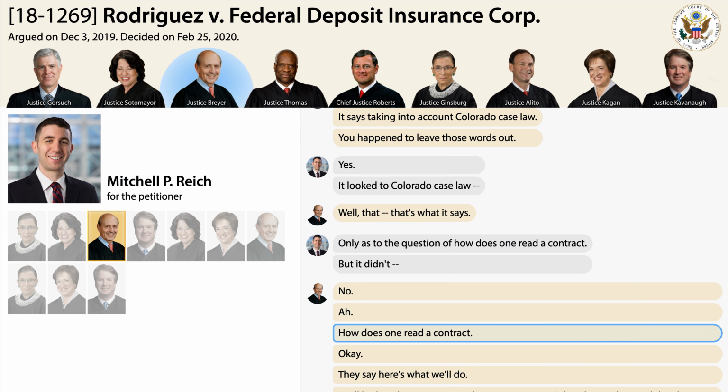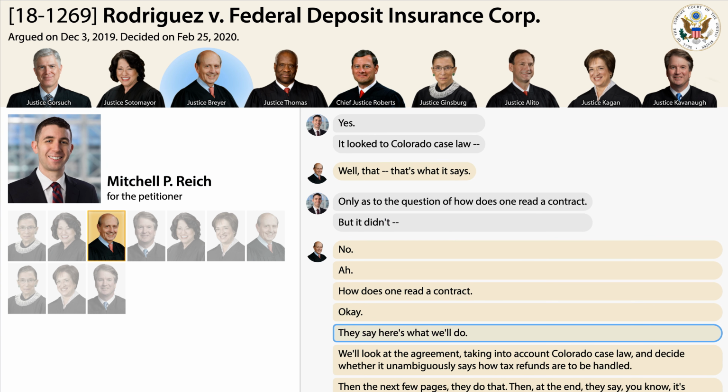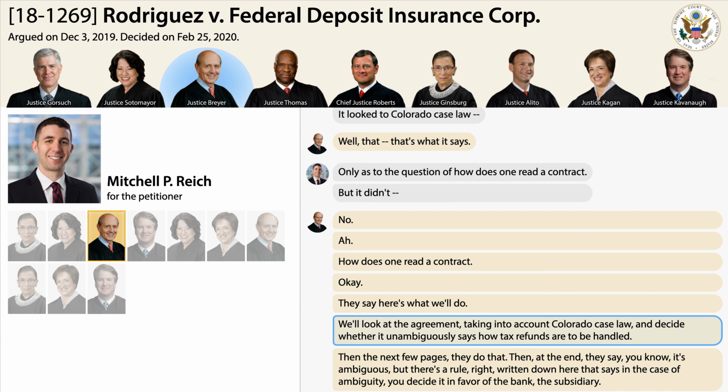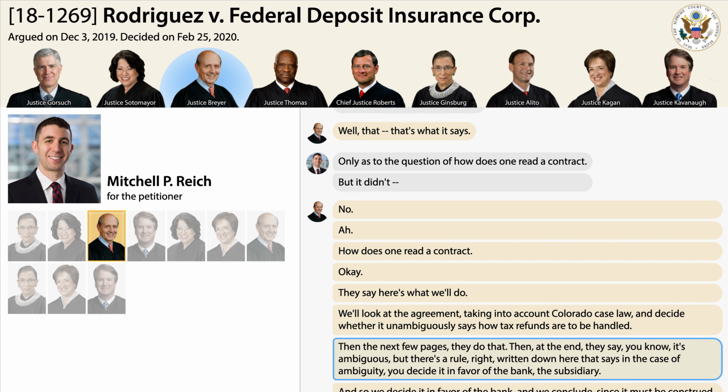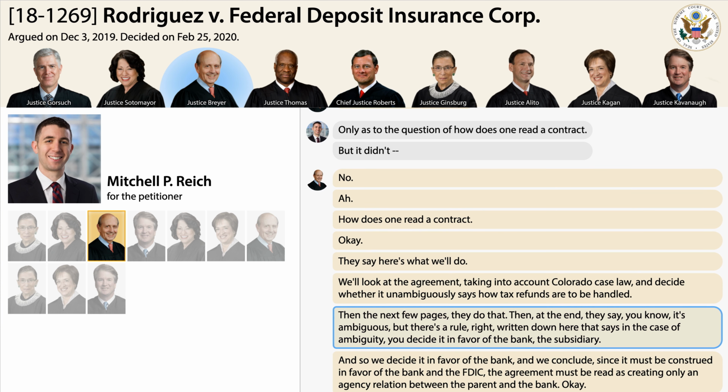How does one read a contract? Okay. They say, here's what we'll do. We'll look at the agreement, taking into account Colorado case law, and decide whether it unambiguously says how tax refunds are to be handled. Then the next few pages, they do that. Then at the end, they say it's ambiguous.